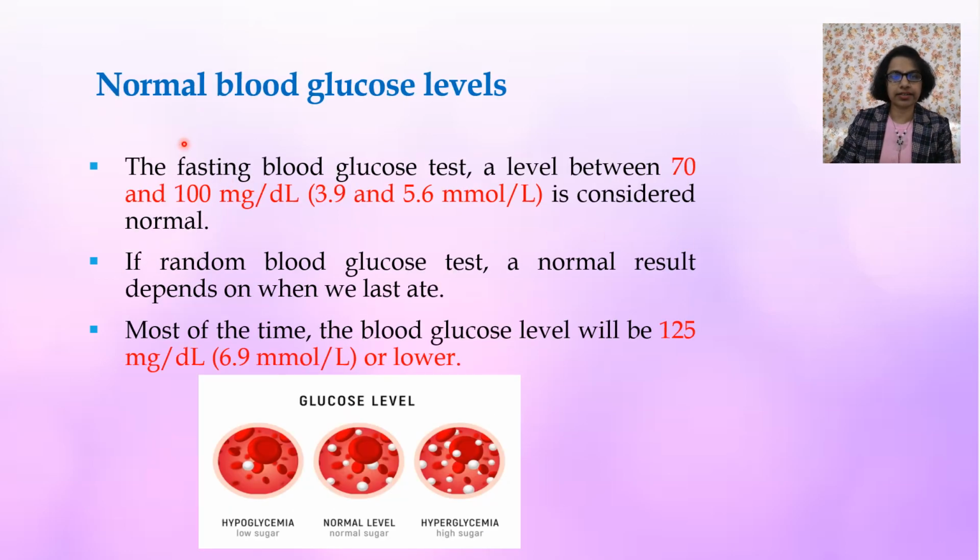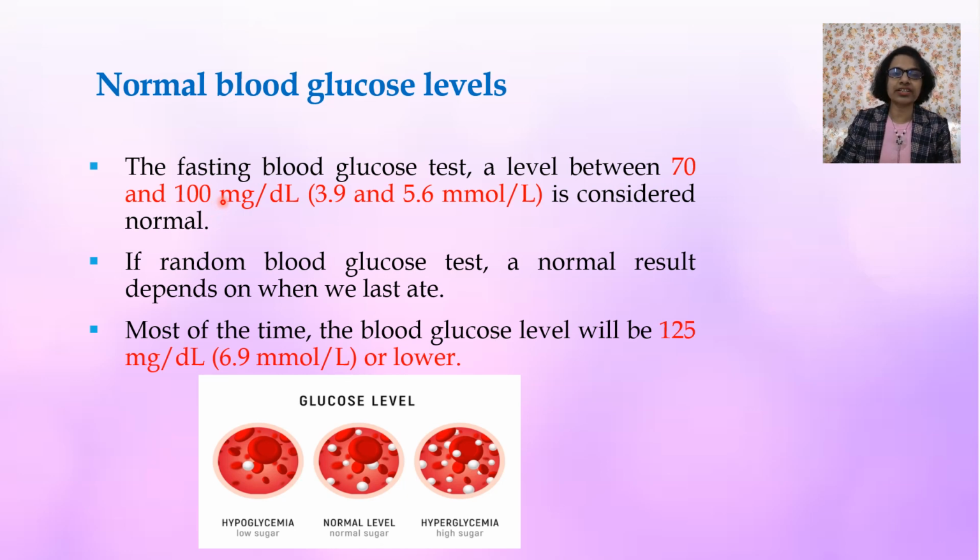Let us see the normal blood glucose levels. A fasting blood glucose level between 70 and 100 milligram per deciliter is considered normal. What do we mean by fasting? The blood glucose test is done in the morning, especially around 6:30 to 7 a.m., measuring the patient's blood glucose level in the fasting condition.